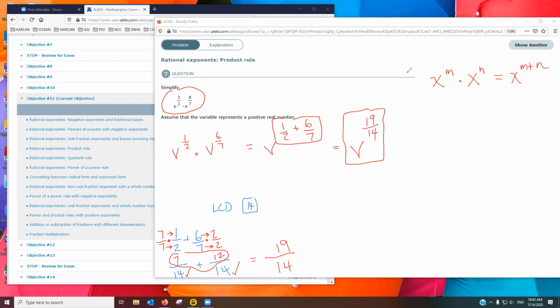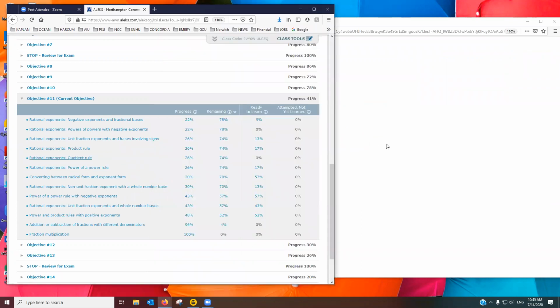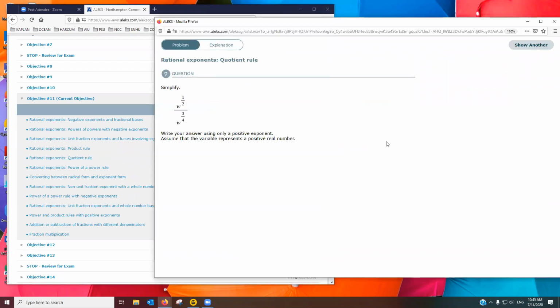All right, let me do one more example here. Let's do this one, the quotient rule. For this one, I just have to think back to the rule for exponents that says when you're dividing the same bases like this, this is where you subtract the exponents.